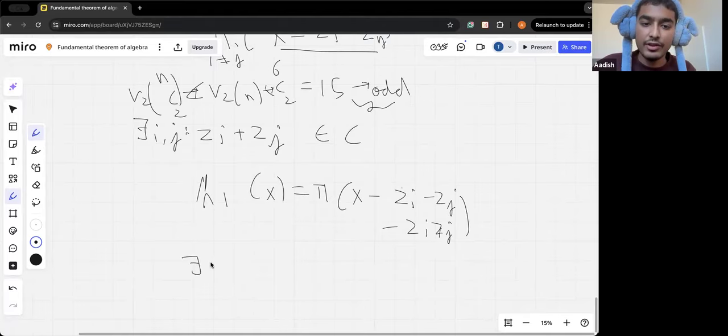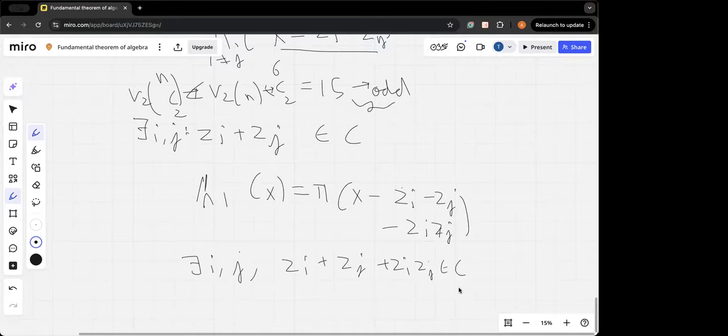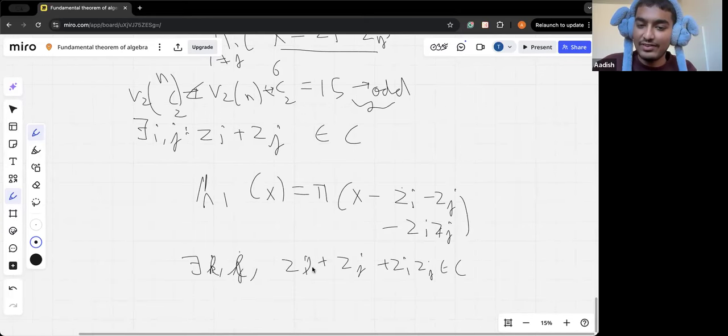So there exist i and j such that zi plus zj plus zj is a complex number. I think you should use k and l, because they are not the same, they can be different. If they were the same, we would be very happy, but they can be different.